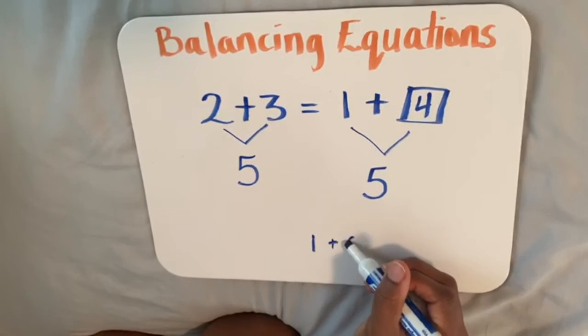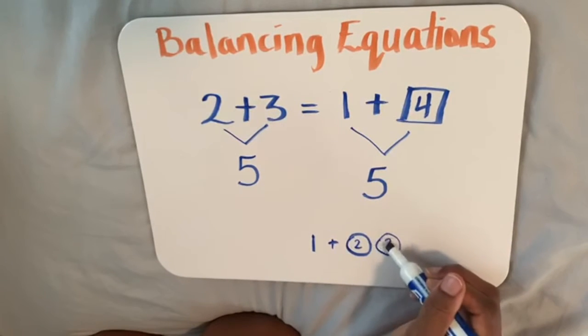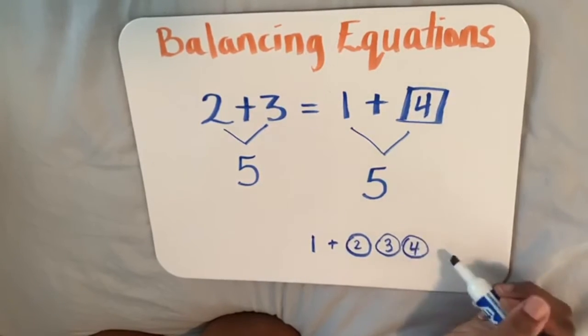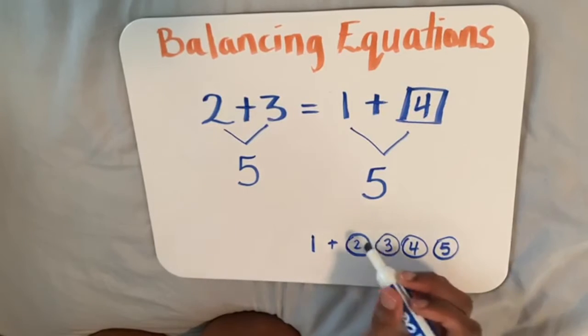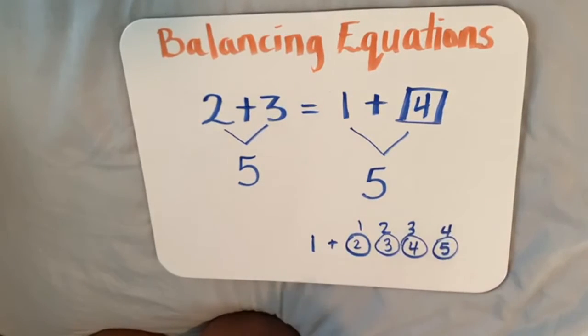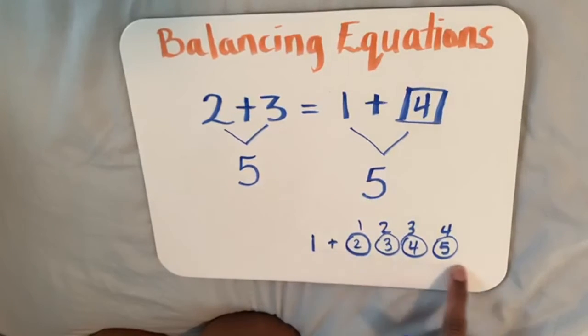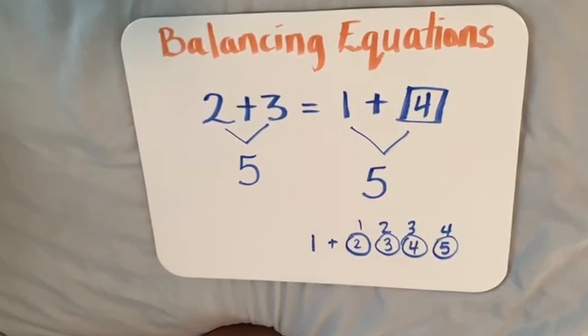So I go 1, 2, 3, 4, 5. I started at 1 and I stopped at 5. How many did I have to draw to get to 5? I had to draw 1, 2, 3, 4. And so that's how I know that 1 plus 4 more will give me 5. And that's what goes there.